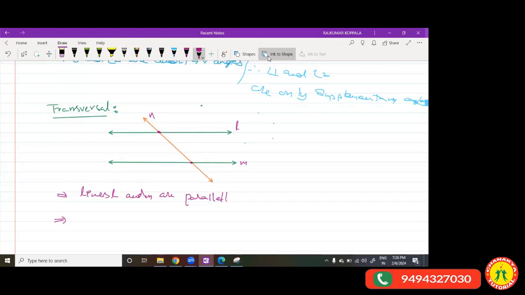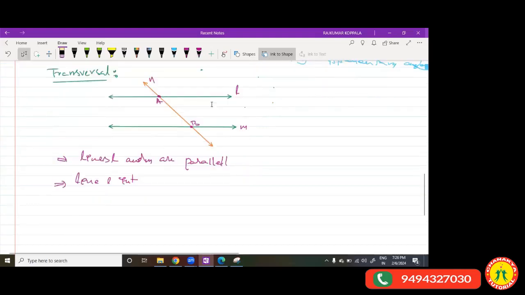Let them be A and B. So line N is intersecting L and M at two different points, right?